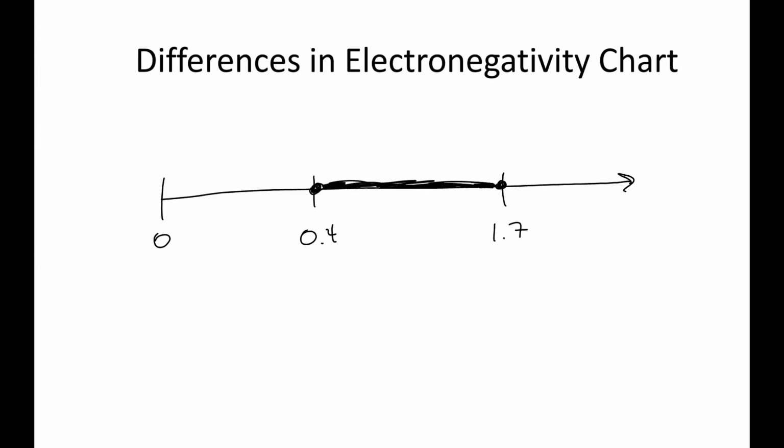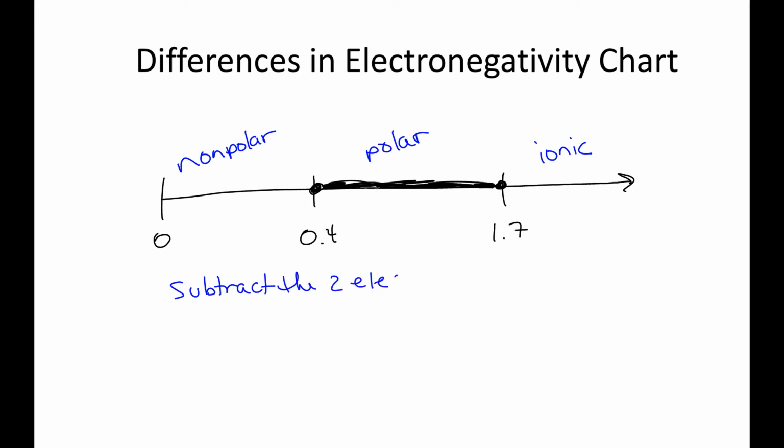more or less. Now, this area is nonpolar, this area is polar, and this area is ionic. Differences means you subtract the two numbers. So you need to subtract the two electronegativities.